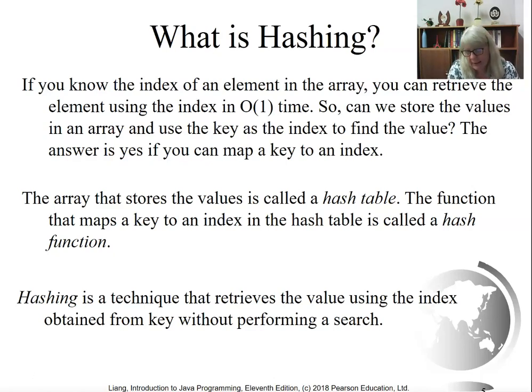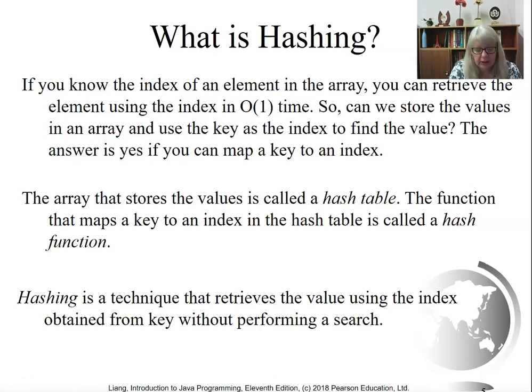Yes, that's the idea. We want to convert that key, the surname, the ID number, whatever identifies this record, into an index. Then we store it in an array called a hash table. But the function that converts the key into the index is called the hashing function or a hash function.